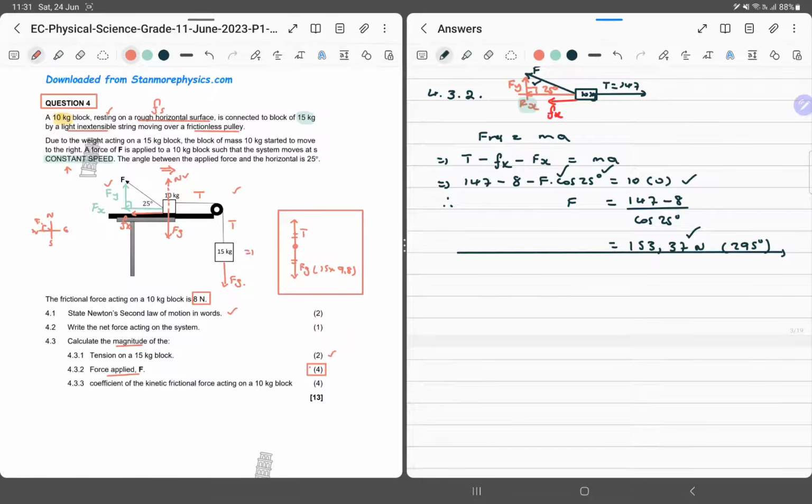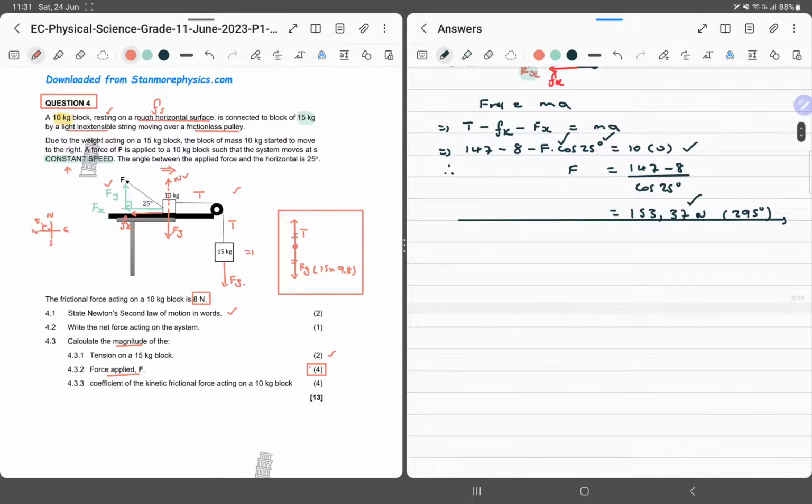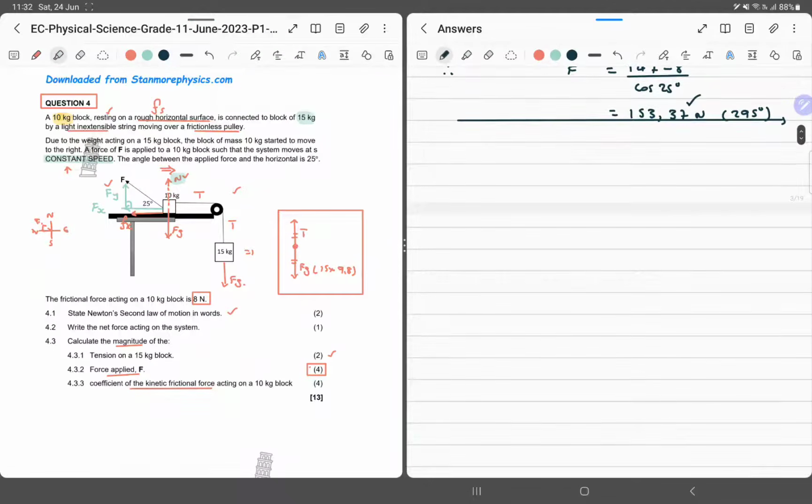So let's move on. It says now calculate the coefficient of kinetic frictional force acting on the 10 kg block. Now that means we need to know the normal force here. And for us to know the normal force, we need to do some gymnastics. So 4.3.3.